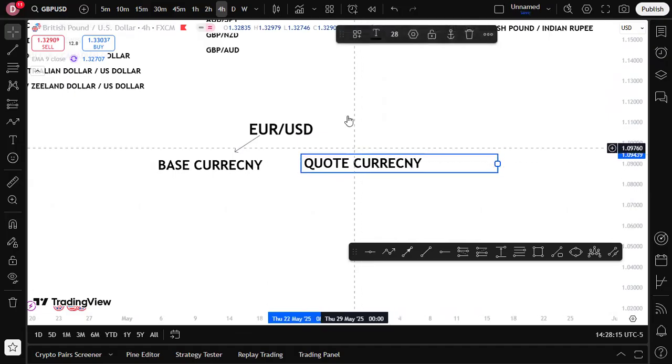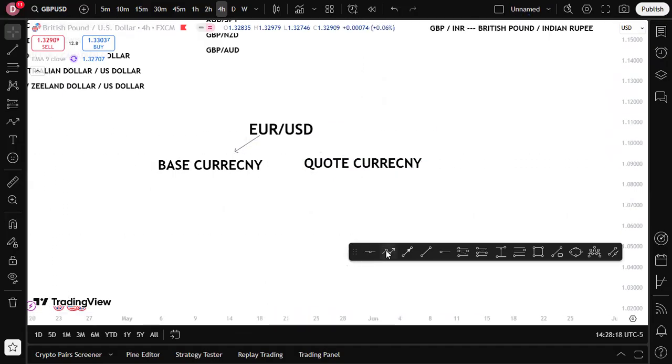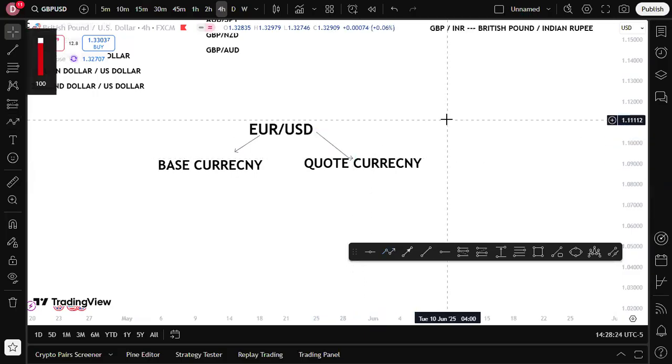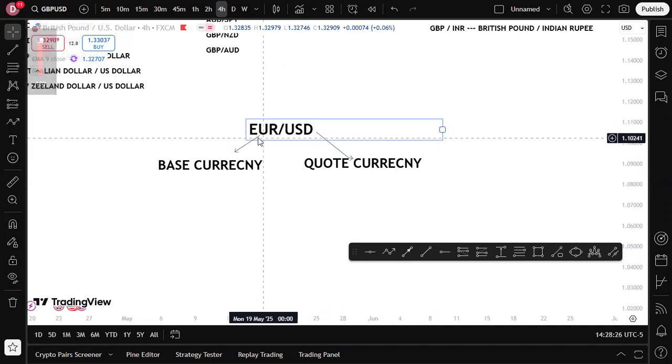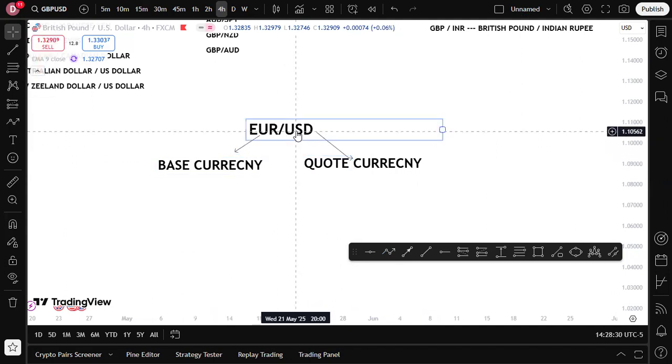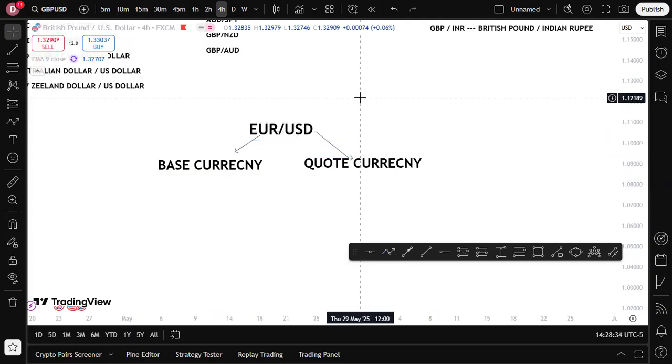This is our quote currency. So the first currency is the base currency, while the second currency is called the quote currency. I just want you to have this at the back of your mind. So whichever currency pair, just have it in mind that the first currency is called the base currency, while the second currency is called the quote currency.